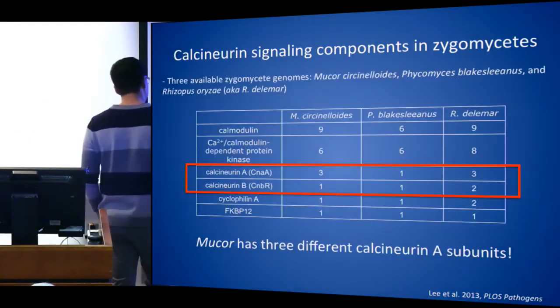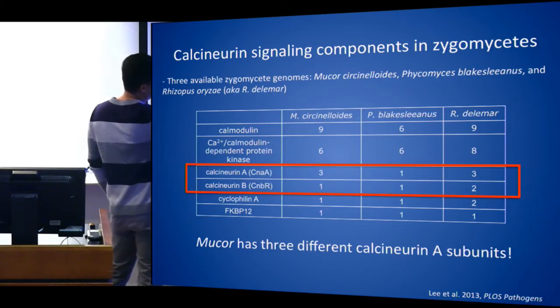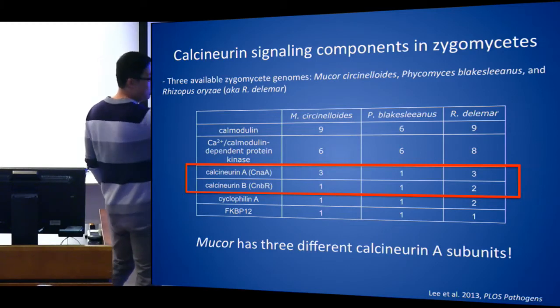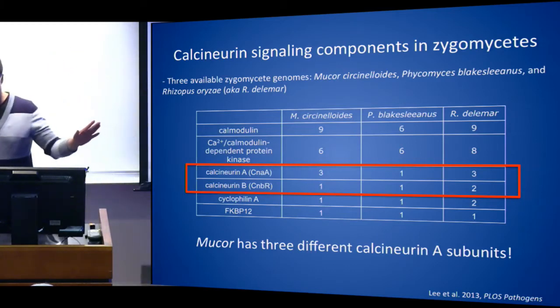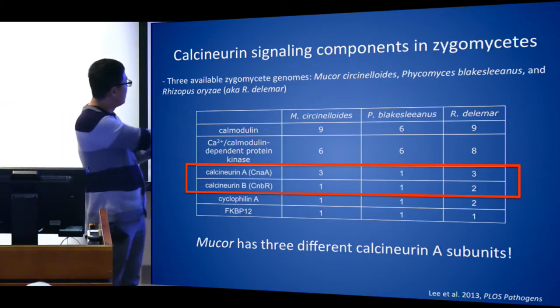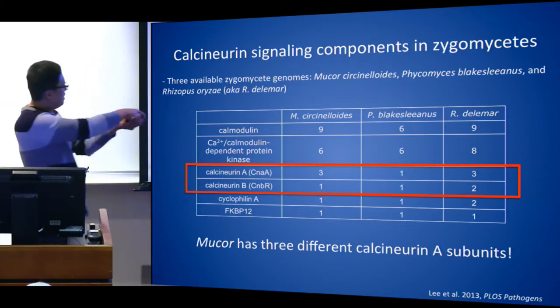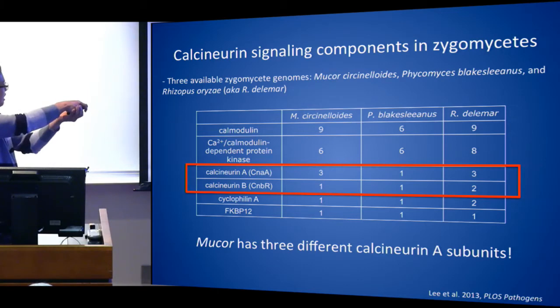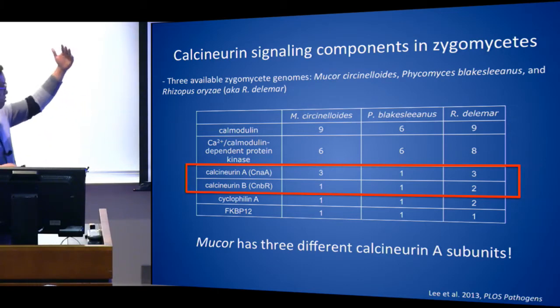We looked at the Mucor genome. Mucor, Phycomyces and Rhizopus are relatively sibling species. We found that the Mucor genome conserved all calcineurin components: FKBP12, cyclophilin A, calcineurin regulatory and catalytic subunits, and kinase and calmodulin.